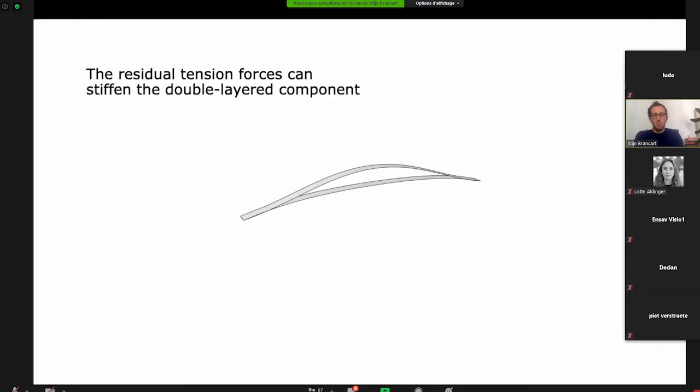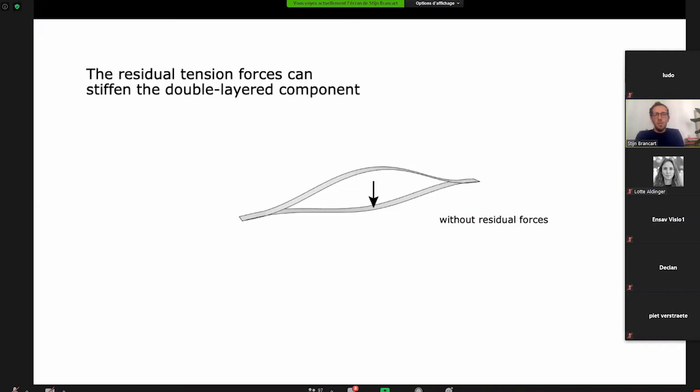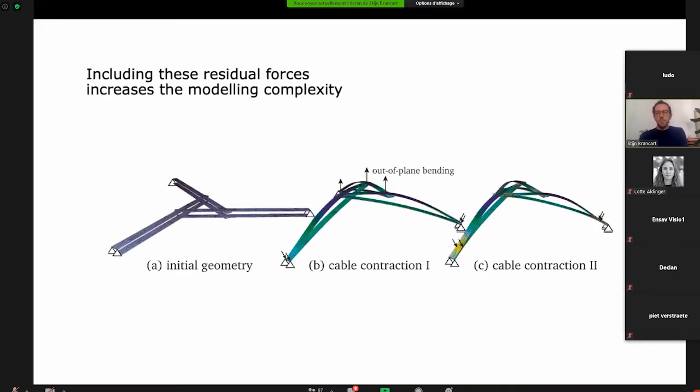This is based on a simulation that I did using finite element software, Sofistik. You see that if you push these elements, you get a large deformation. But if you then include these residual forces, this deformation is a lot lower. So you do see a high stiffening effect. But this is not always the same.